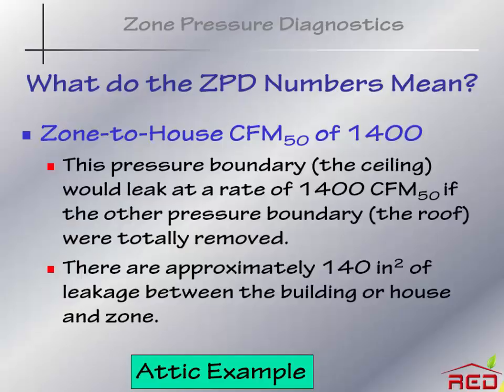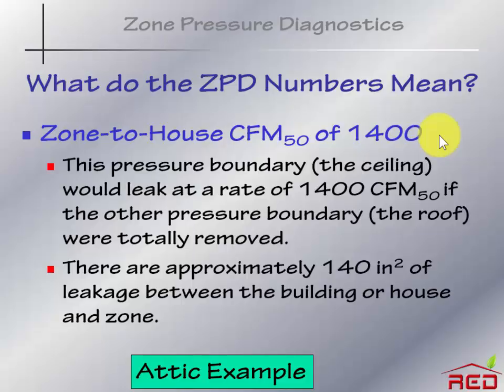This is the zone to the house or house to zone, same thing, of 1400. This is the leakage through the pressure boundary, that is the attic floor, as if the other pressure boundary, the roof and gable ends, were totally removed. This, of course, is not going to happen, but this gives us the capability of being able to divide the number by 10 and get approximately the square inches of leakage.